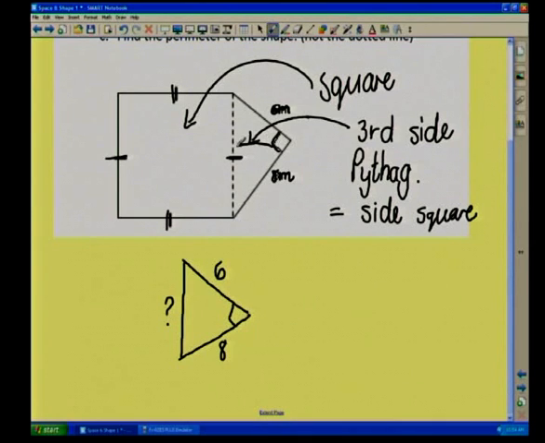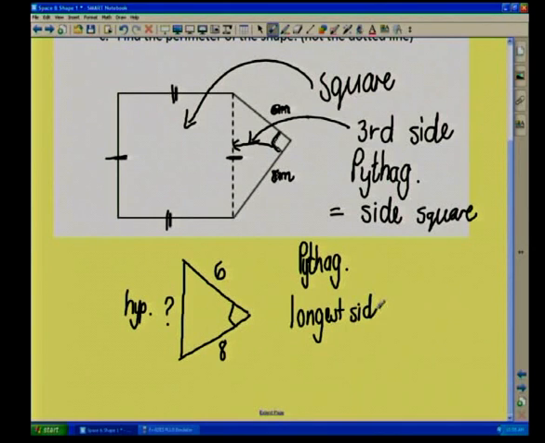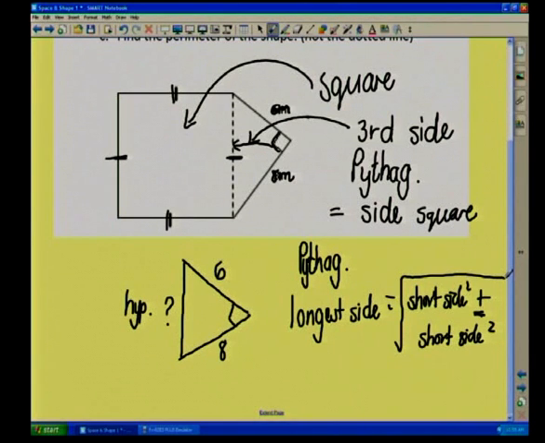You can see that the side I'm looking for is opposite my right angle. So this is my hypotenuse, or my longest side. If I'm looking for my longest side with Pythagoras, the longest side is equal to the short side squared plus the other short side squared, and all of your answer is square rooted.